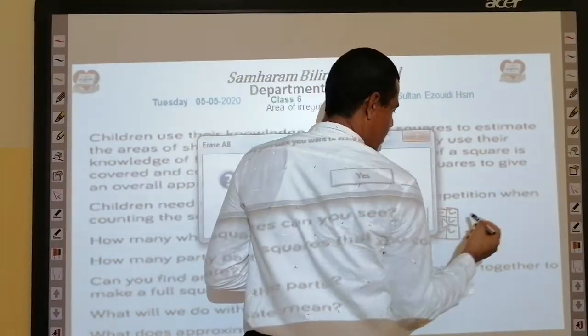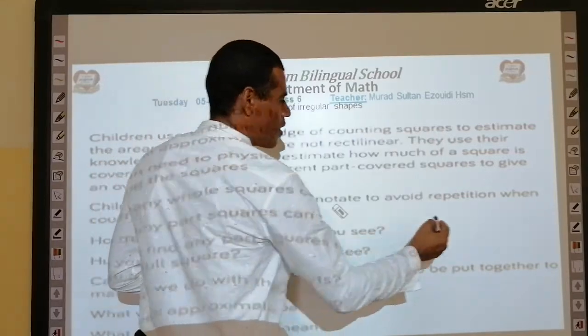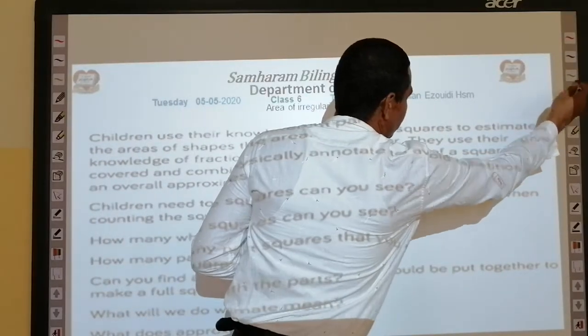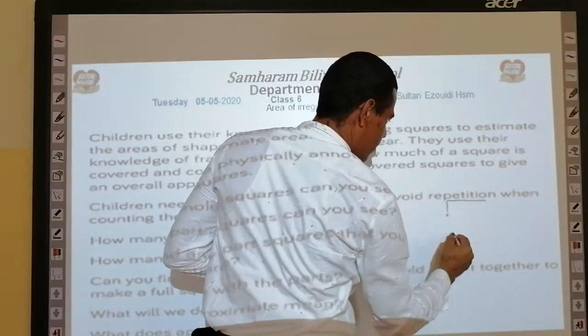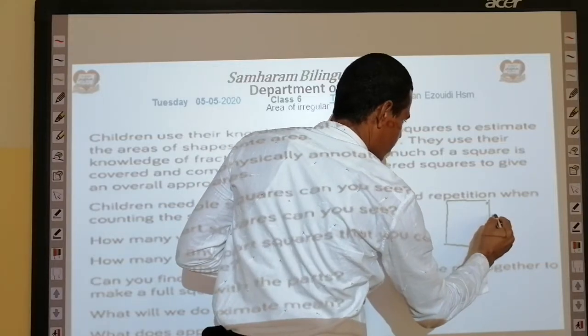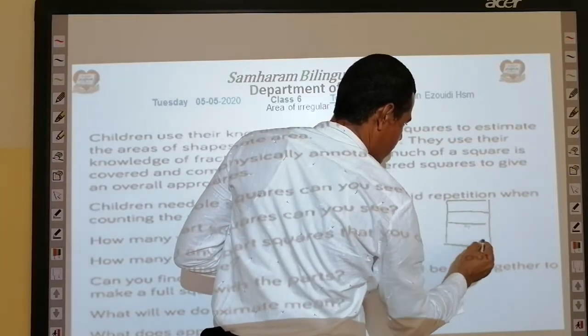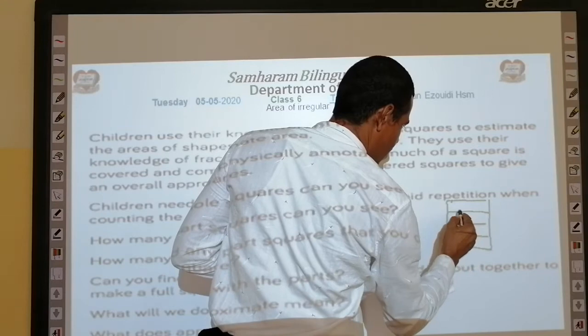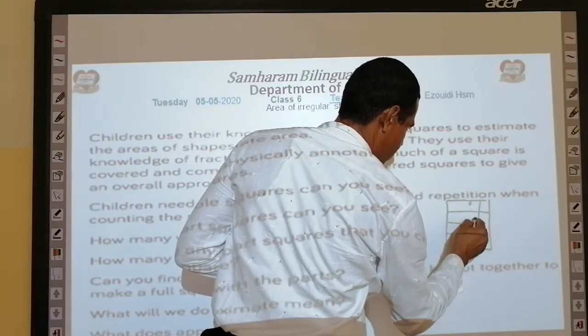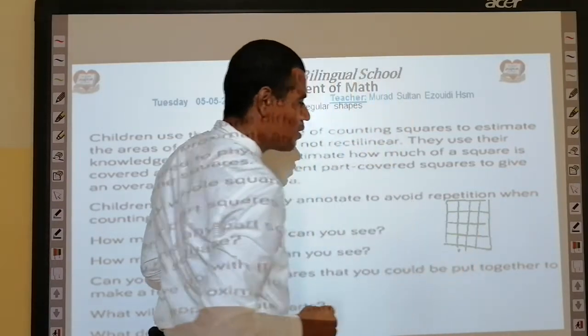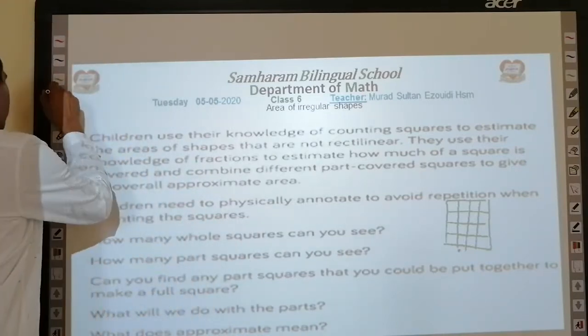Another student can count in a different way. For example, this consists of 14 squares, and he will count like that.